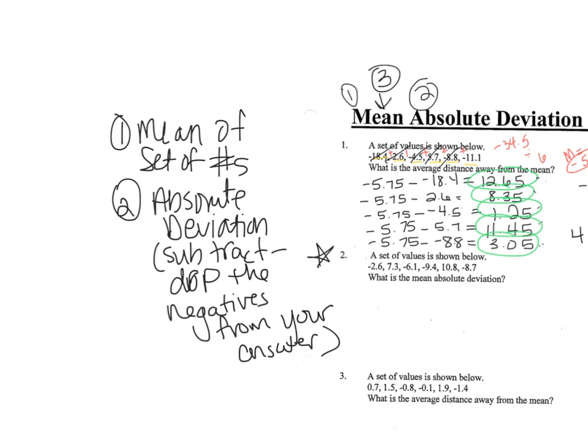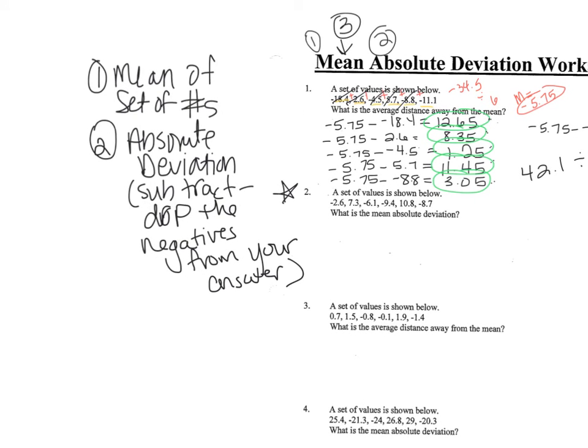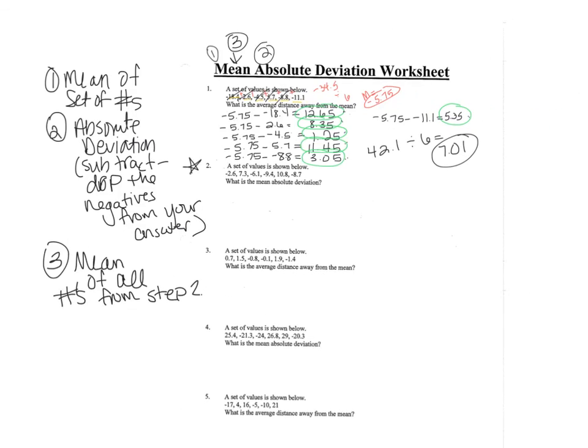Don't drop the negatives from the problem when you're subtracting, drop them from the final answer you get. And step 3, the mean of all the numbers from step 2. It's only 3 steps, but it's a lot.